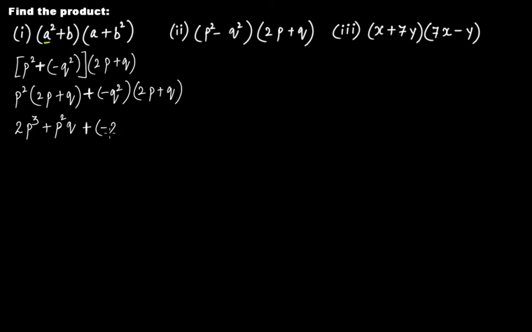Minus 2, this is q squared, this is p, then this plus sign here. Minus q squared multiplied by q will be minus q cubed.